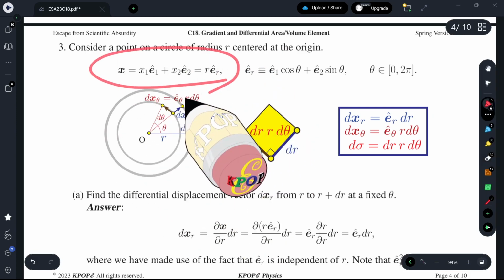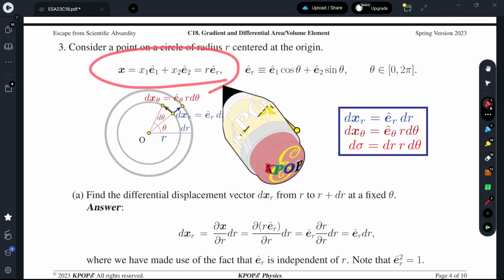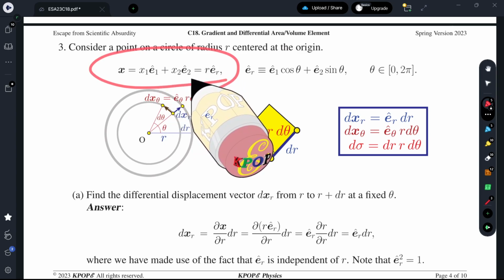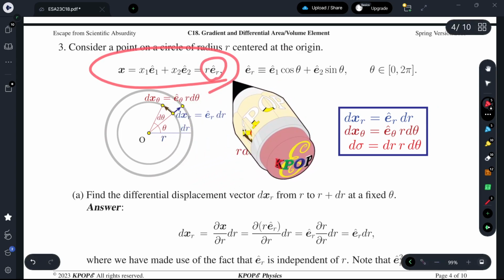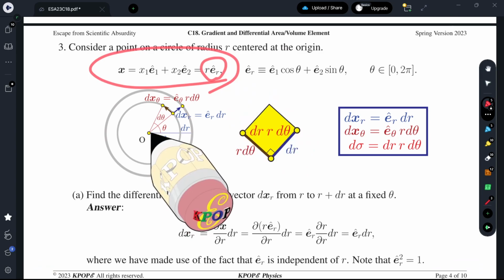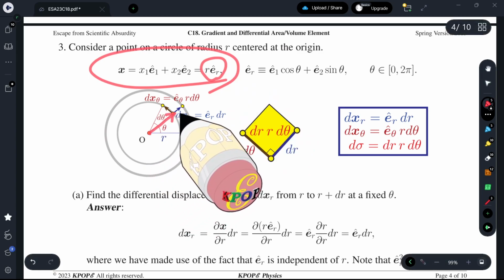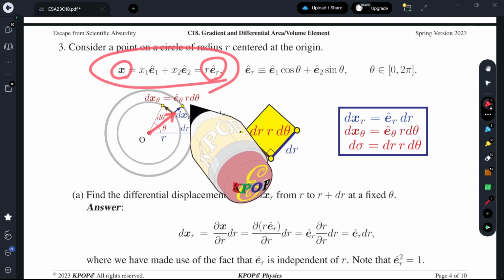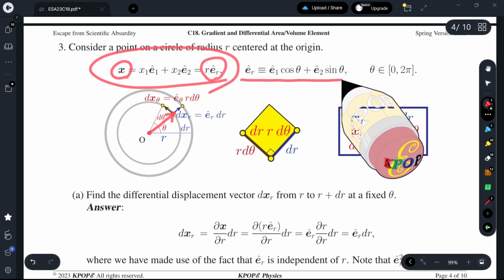First of all, a two-dimensional position vector can be represented by a linear combination of Cartesian unit vectors. If I use polar coordinates, its position vector can be represented by the radius multiplied by the unit radial vector.